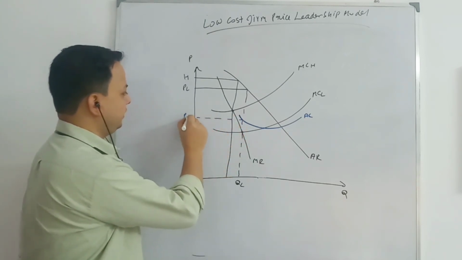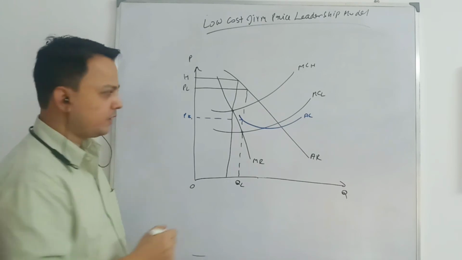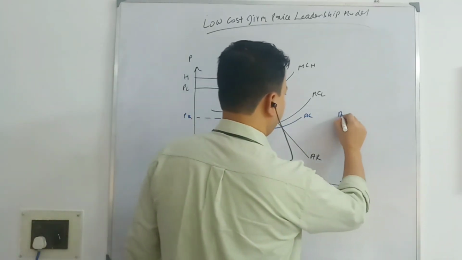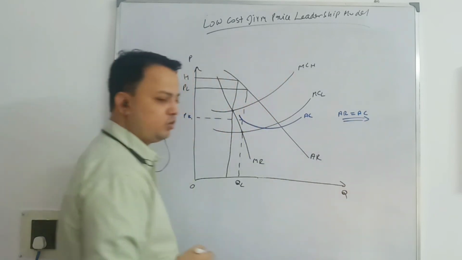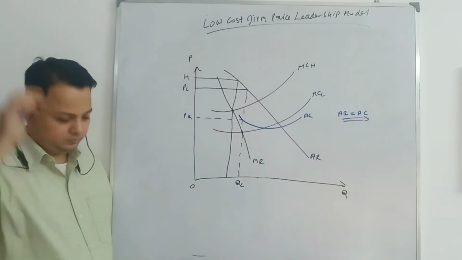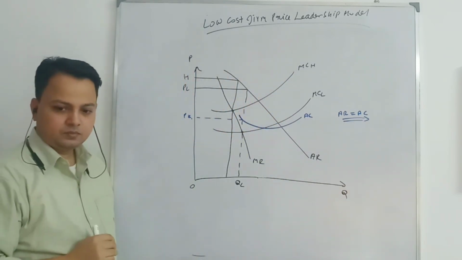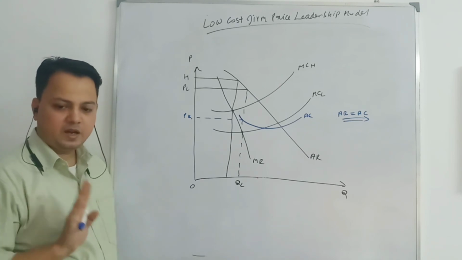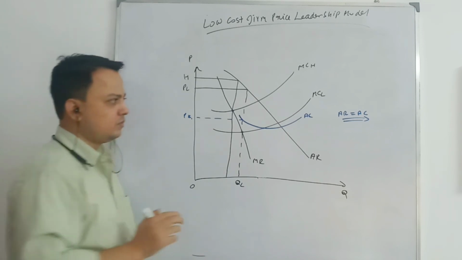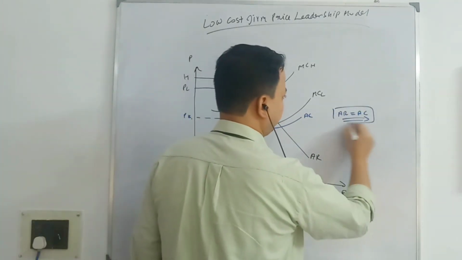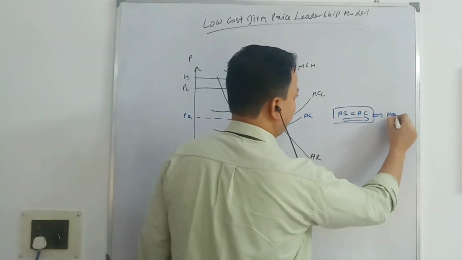So this is P. You know the condition where AR equal to AC. What will happen when AR equals AC? The firm will earn normal profit, right? In this case, the firm will be earning normal profit.